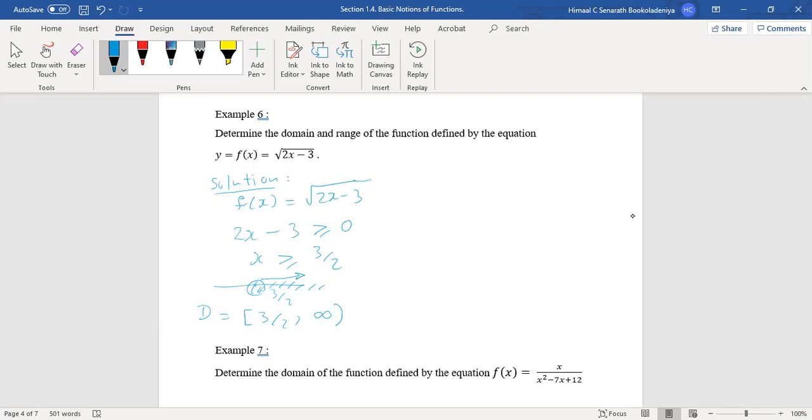Therefore, the range should be: the smallest value of the range is 0. That point is included.